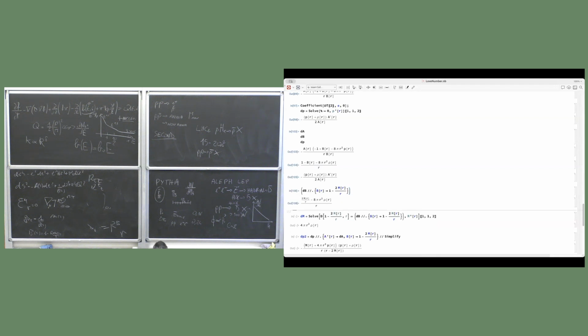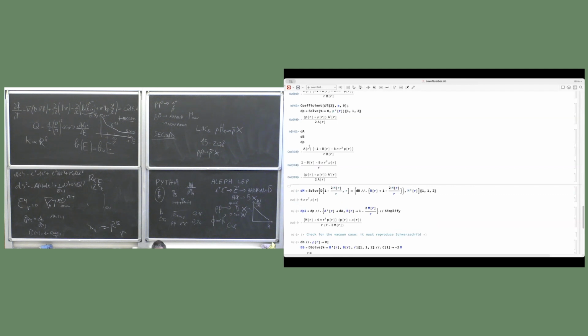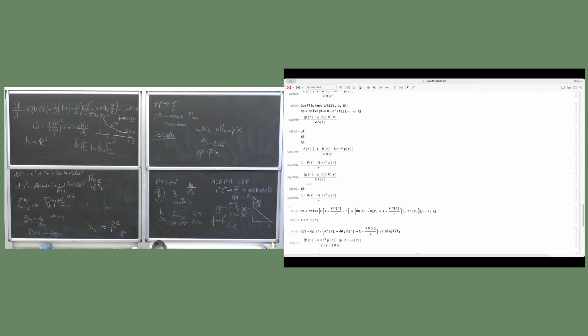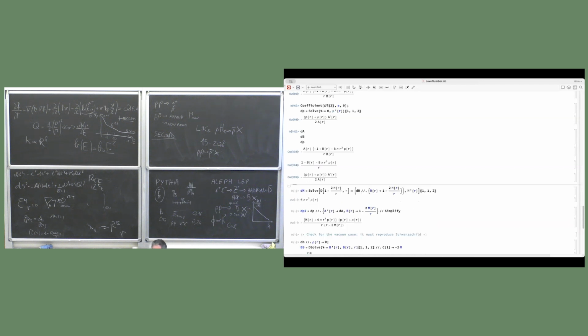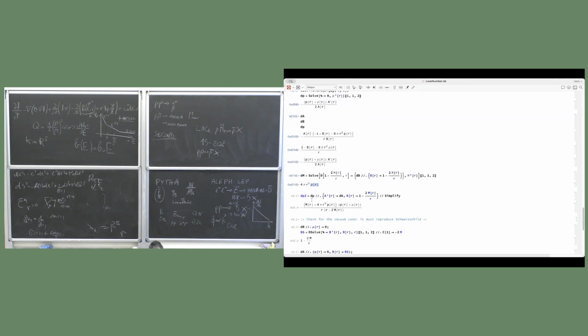Then very naively, I'm casting this equation, written as B prime equal to something, in a form which is M prime equal to something, which is this one. So at the end of the story, the equation for B prime gives me the mass equation that we saw yesterday: M prime equal to 4 pi r squared rho, the energy density.